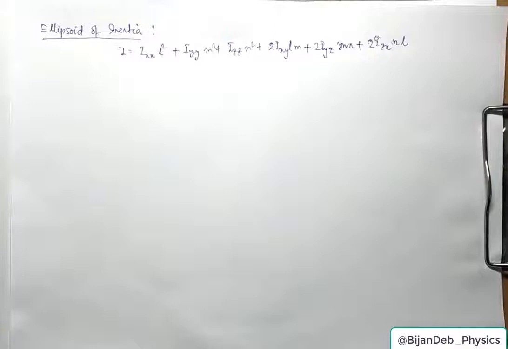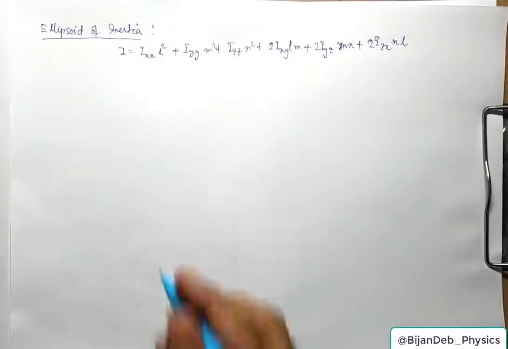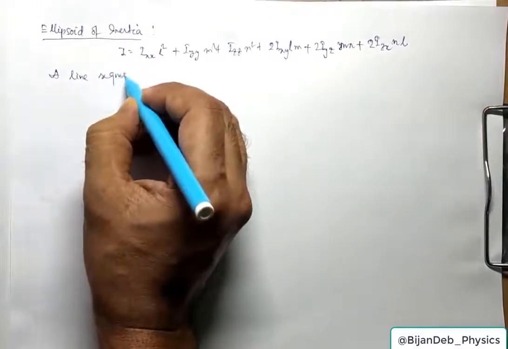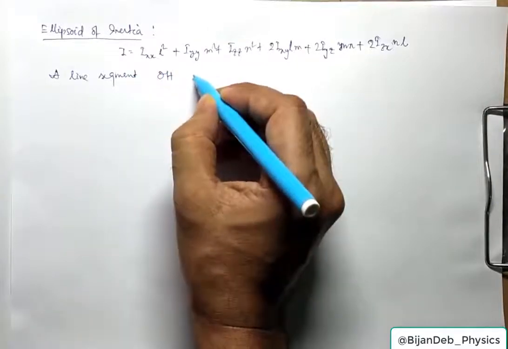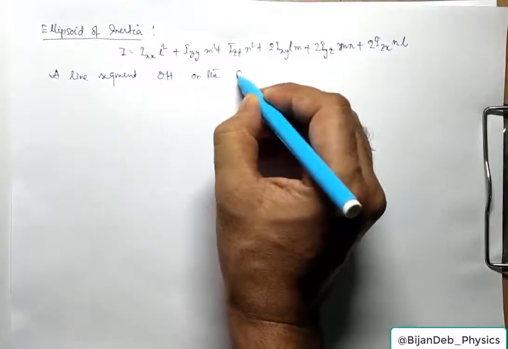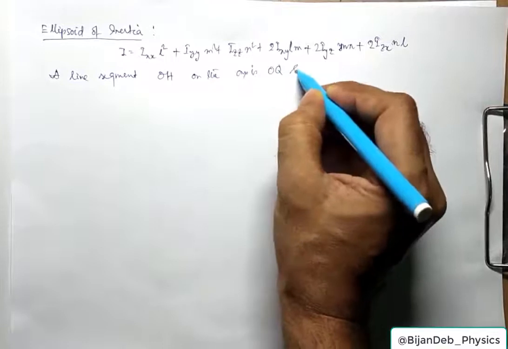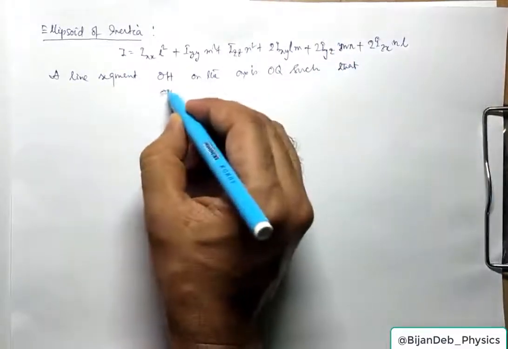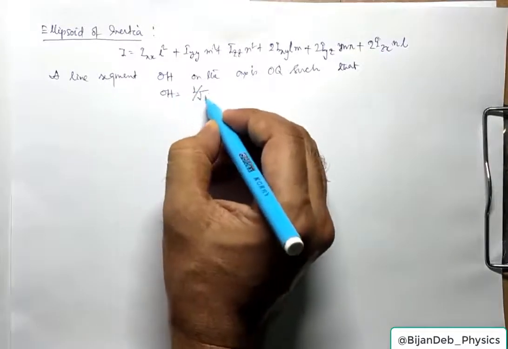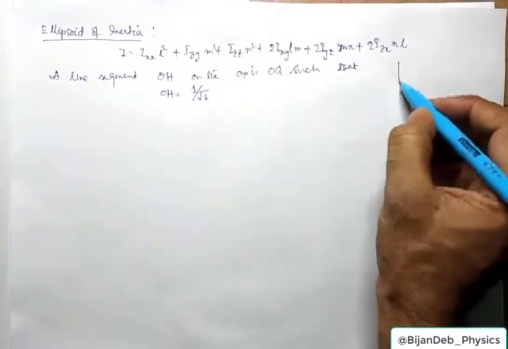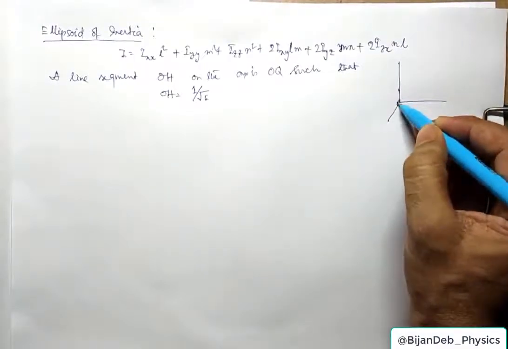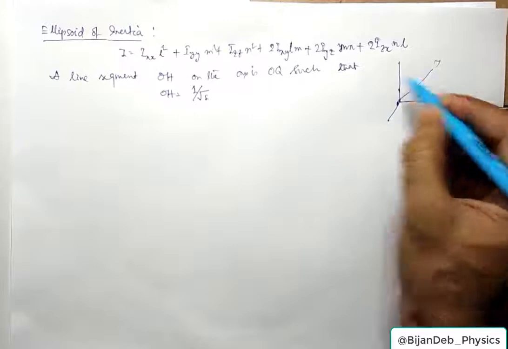Now if you take a line segment OH on the axis OQ such that OH equals 1 by root of I, the total moment of inertia. Suppose you already have x, y, z.